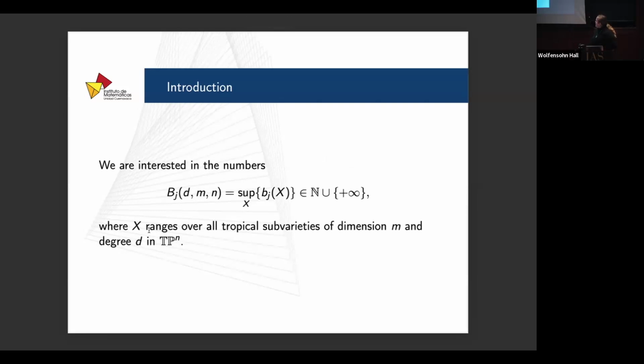Okay, these are the numbers we want to study. Given d, m, and n, we want to study the supremum of the Betti numbers of all tropical subvarieties of dimension m and degree d in the projective tropical space of dimension n.